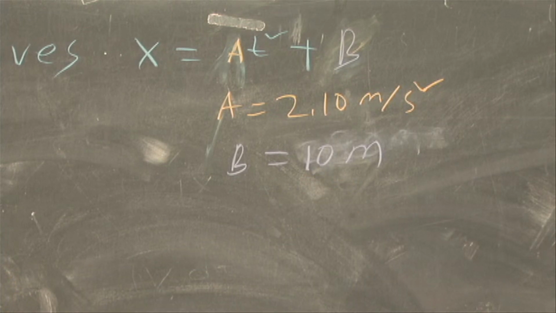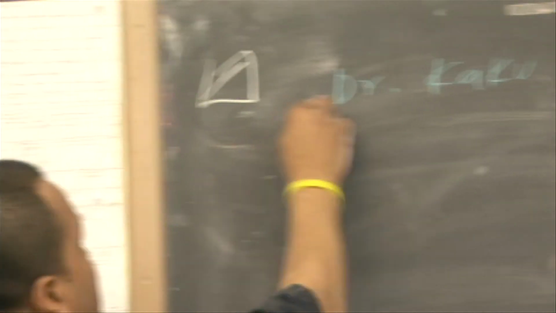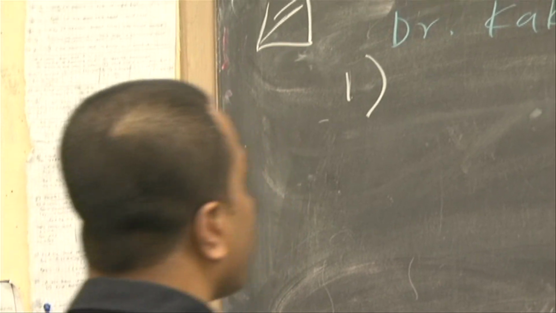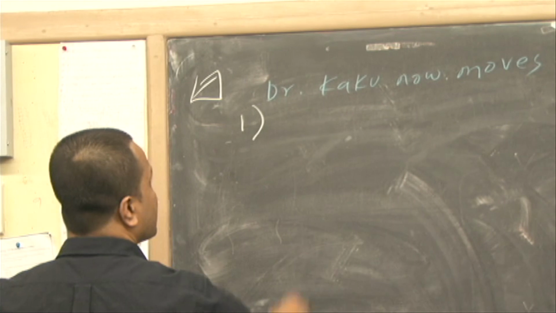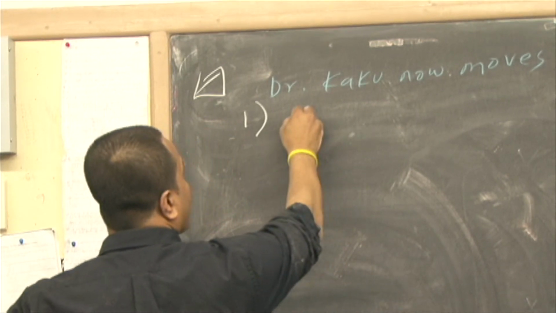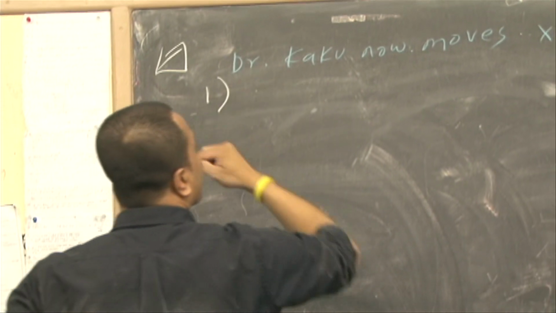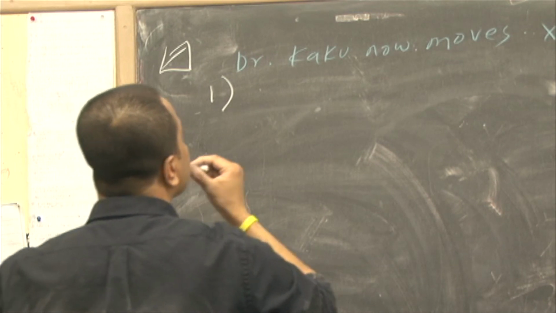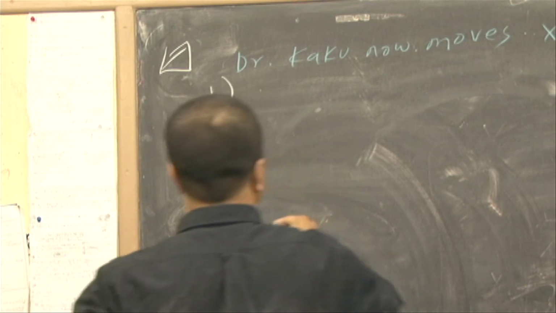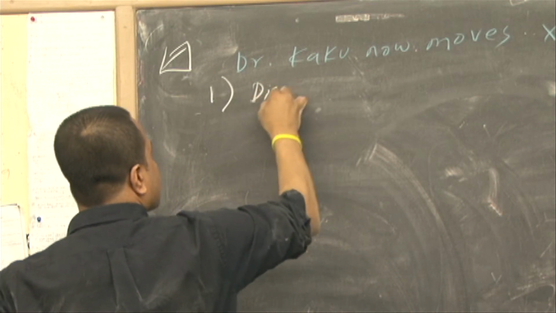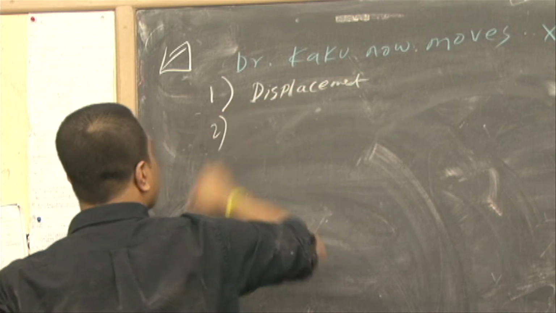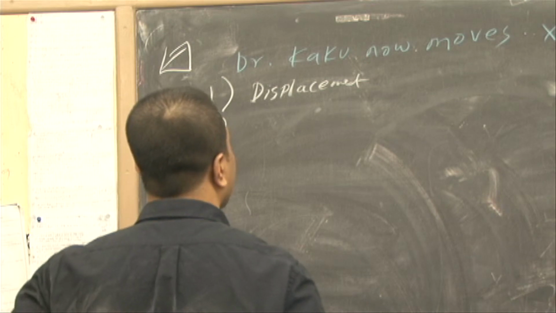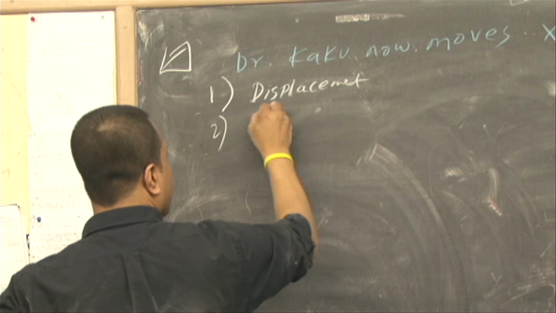What are we trying to find out? Number 1, maybe displacement. Number 2, average velocity.